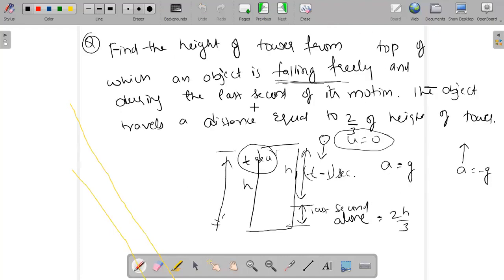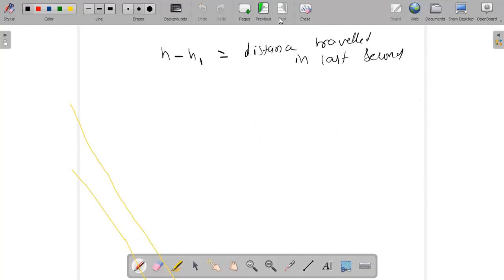So the distance traveled in the last second of its motion will be equal to 2/3 of the height of the tower. Therefore we will write h minus h1 is equal to 2/3 of h.